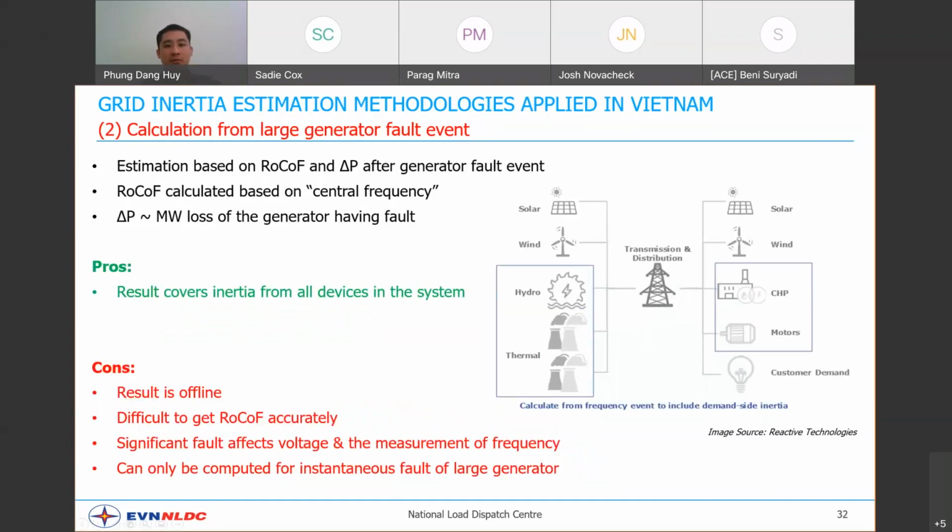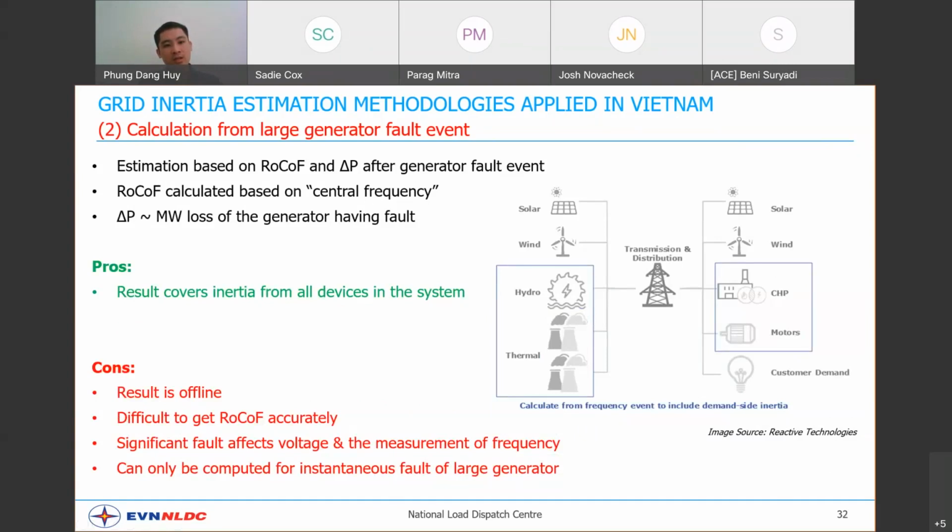Yeah, so for the second method, which is based on events, we also do some event postmortem, where we calculate the inertia on the events. So after the event, we have the megawatt loss and the rate of change of frequency, and from that we can calculate the inertia for that event.